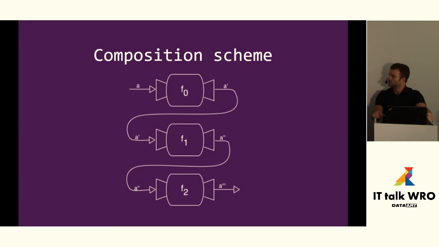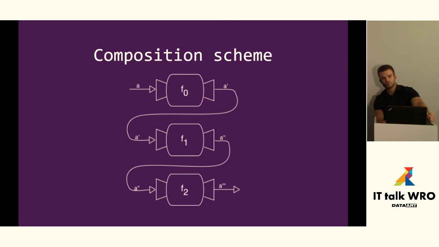Let's look at this scheme. For example, I have 3 functions: function 0, 1, and 2. And if I create a composition of them, my compose function returns another one. And when I call that composed function with some value, firstly function 0 will be invoked.